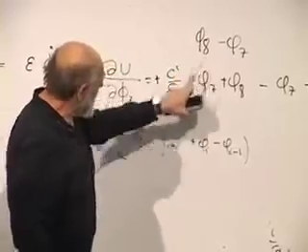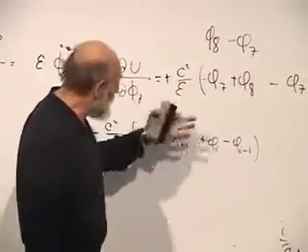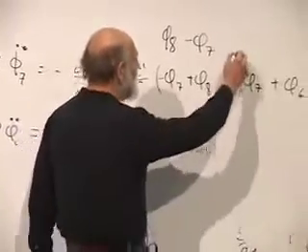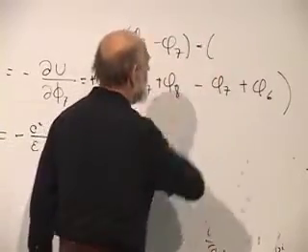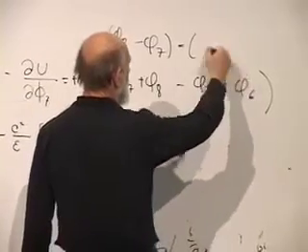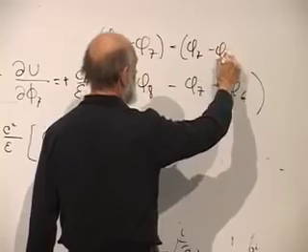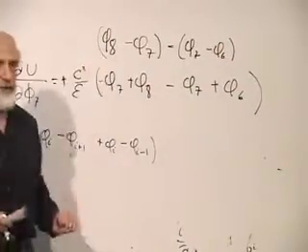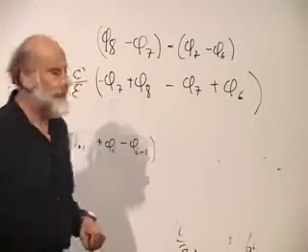In particular, notice there's an epsilon in the denominator there. So it looks like we're going to get some kind of derivative. Now, then there's minus, and let me put in parentheses minus phi 7 minus phi 6. So I have phi 8 minus phi 7 minus phi 7 minus phi 6.